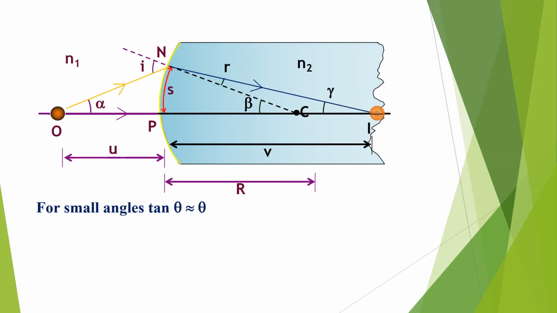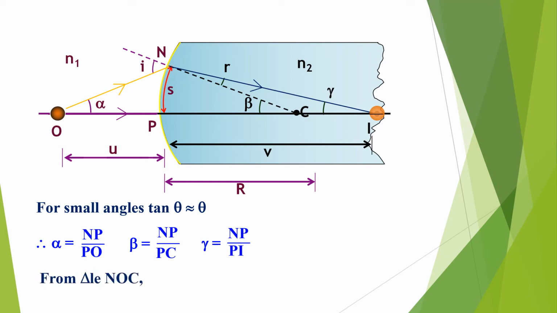For small angles, sine of the angle and tan of the angle become just the angle. Here we are using tan, therefore tan theta is nearly equal to theta. So alpha can be written as NP divided by PO, beta as NP divided by PC, and gamma as NP divided by PI.